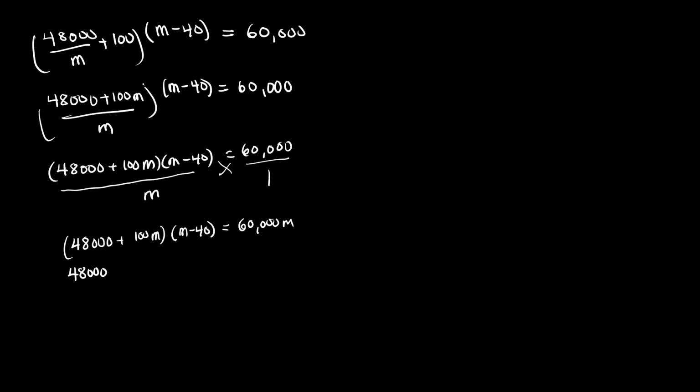So we are having 48,000, I'm actually multiplying this by m, then minus 192,000, and then I can continue as plus this 100 times this m will give you 100m squared, then minus 4,000m, all is equal to 60,000m.